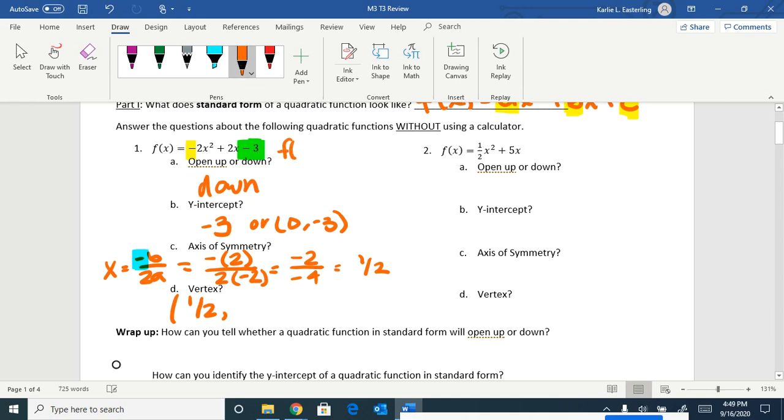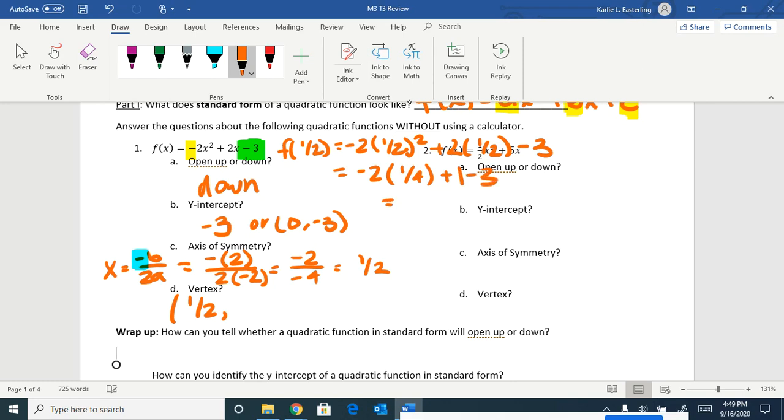So we're going to be looking at f of 1/2, and that is negative 2 times 1/2 squared plus 2 times 1/2 minus 3. You can either type this in a calculator if you want to, or you can solve it by hand. So we're looking at negative 2 times 1/2 squared, which is 1/4, plus 2 times 1/2 is 1, minus 3.